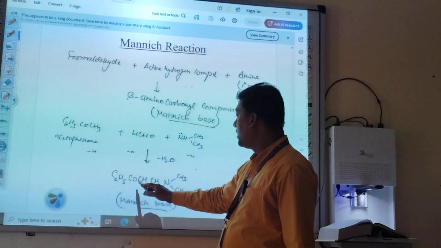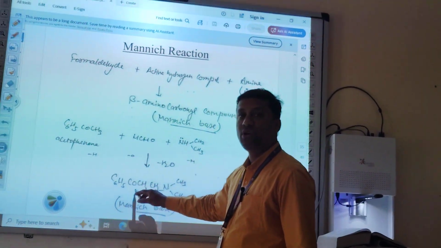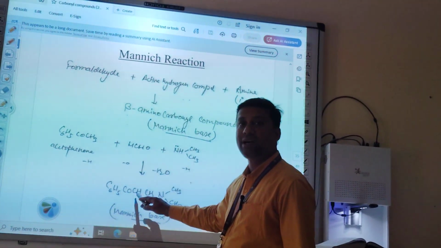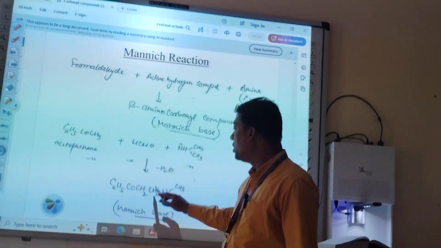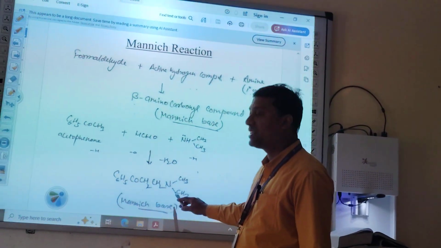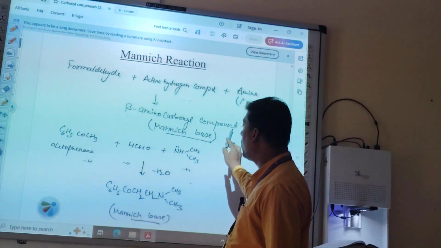Here you notice, this is the functional group, C6H5CO. Nearest to the functional group, this is the alpha carbon and this is the beta carbon. To the beta carbon, the amine group is attached. This is the secondary amine, and this is known as beta amino carbonyl compound.